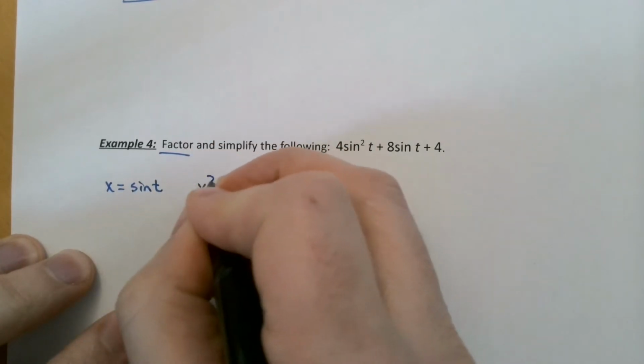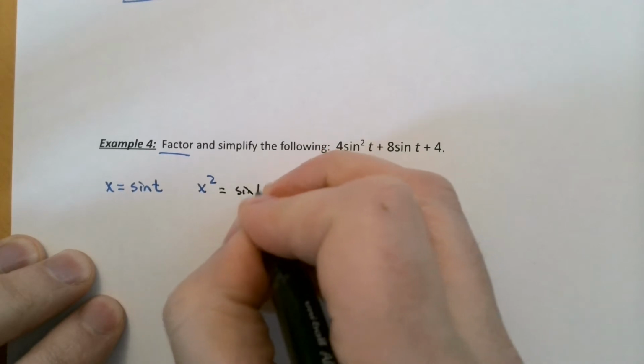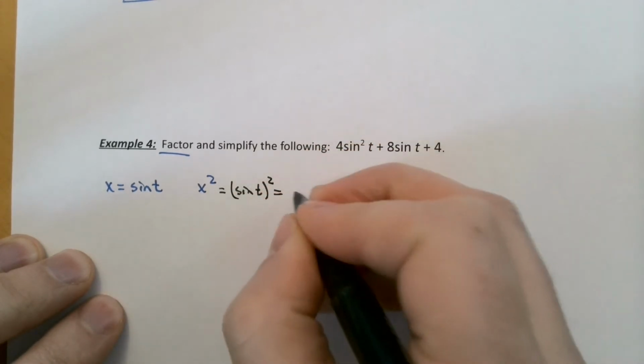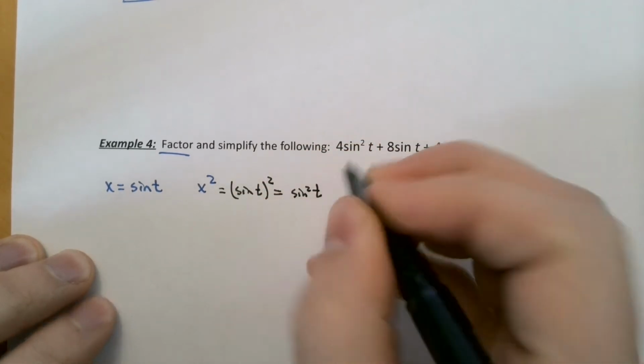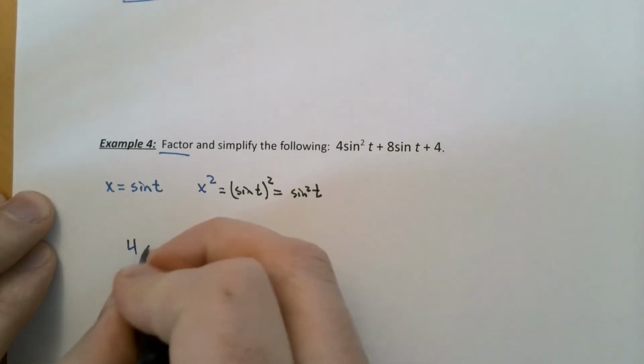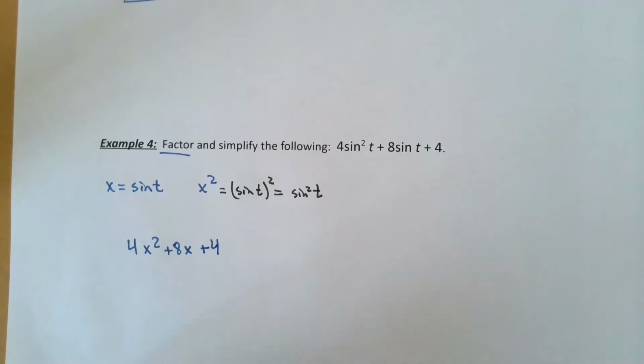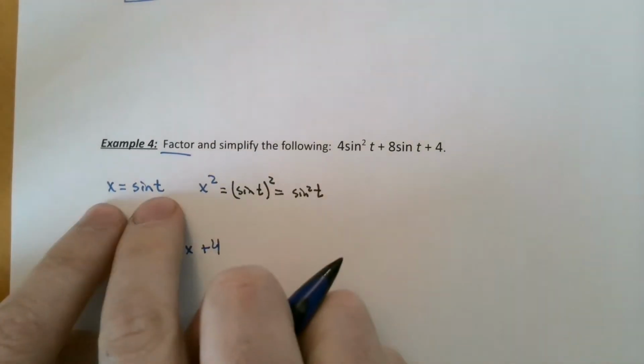Then if I square x, that's just sine of t squared, which is really just sine squared t. So I'm going to rewrite this expression as 4x squared plus 8x plus 4, factor this much more familiar expression, and then plug back in what x was equal to.